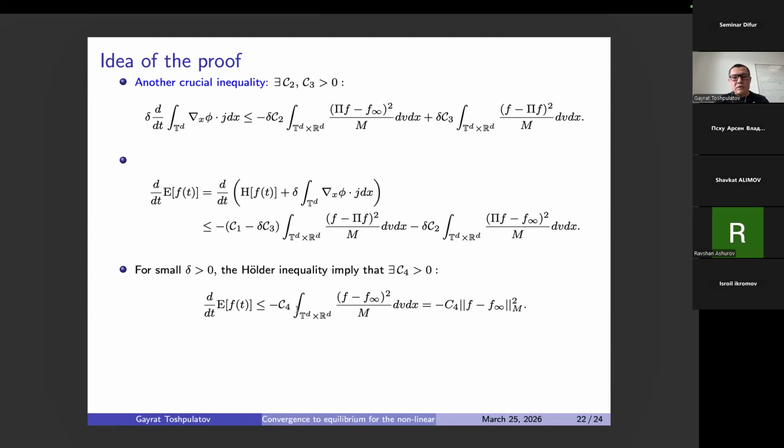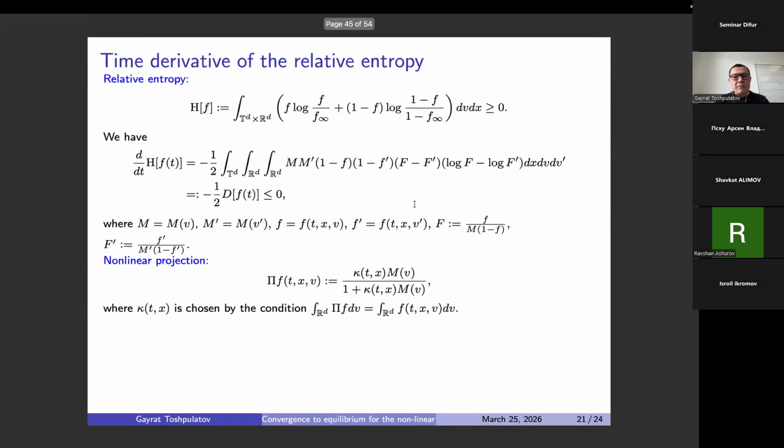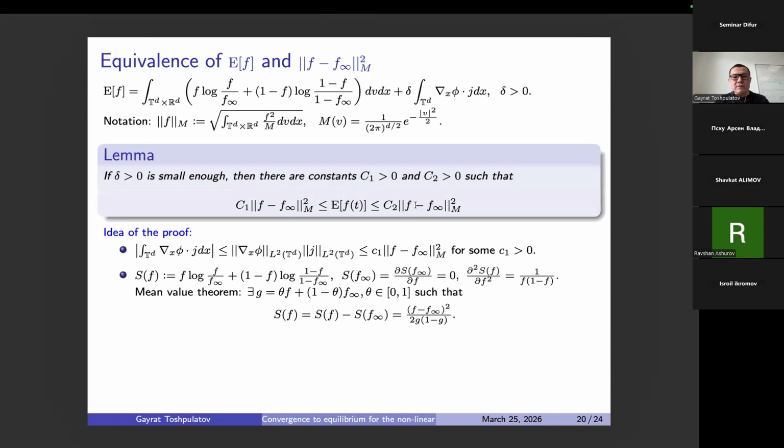So by using this Holder inequality and assuming delta is small, we get this bound for the time derivative of this E. By definition, it is equal to this norm. However, in my lemma before, I showed this functional is equivalent to this weighted L2 norm.